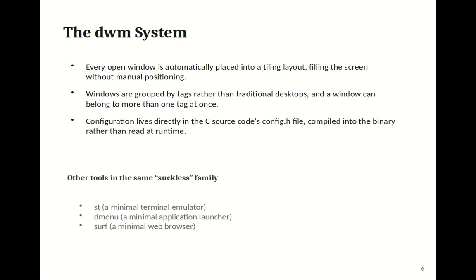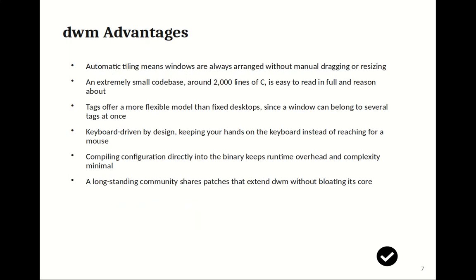DWM advantages. Automatic tiling means windows are always arranged without manual dragging or resizing. An extremely small code base, around 2000 lines of C, is easy to read in full and reason about.